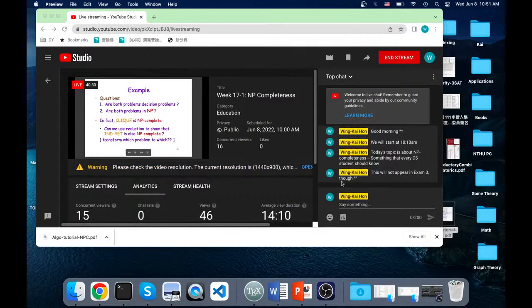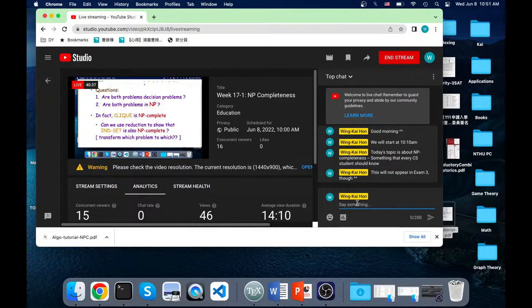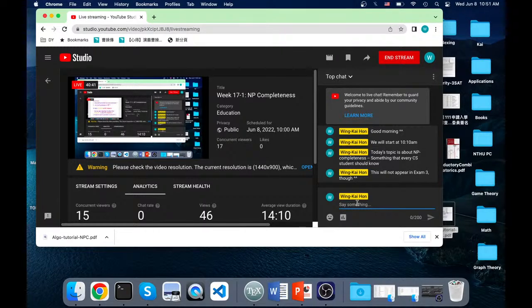So this may not be easy. First of all, this is very important. Make sure you understand that the N in NP does not mean not. The N there means it is non-deterministic guessing power. So the computer can guess the proof correctly, you can say.